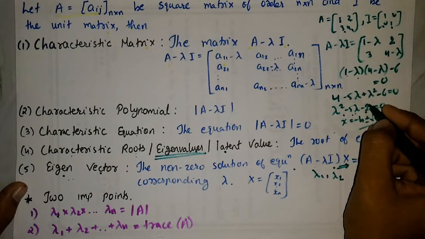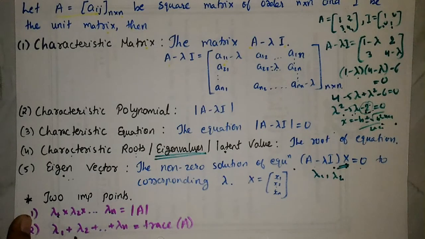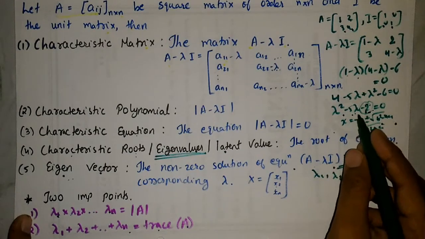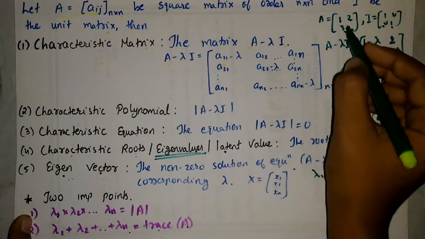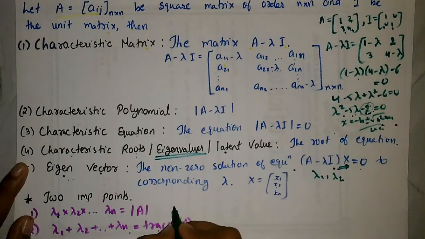So the last term is minus 2, and the sum of the eigenvalues is equal to the trace of A. In a 2 by 2 matrix, the sum of the diagonal is 5.